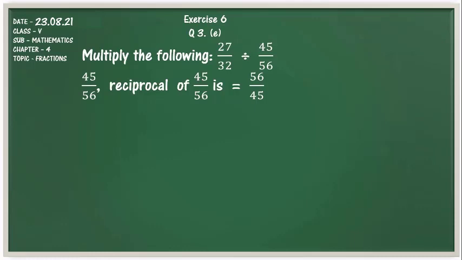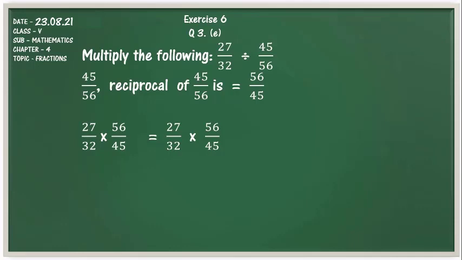Now we need to multiply the reciprocal with the first fraction. So we'll write 27 upon 32 multiplied by 56 upon 45. Now either we can multiply the numerators with the numerator and denominators with the denominator, and then we can reduce it to the lowest term, or to make it easier we can reduce it at this step also.